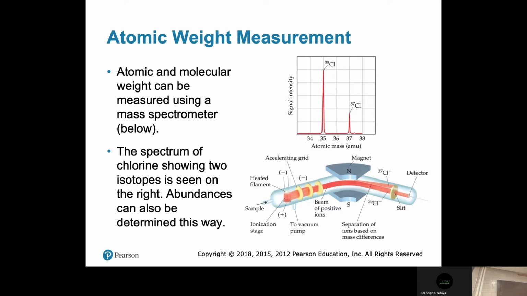Even if you don't see the Cl at all, if you see these two peaks at 35 and 37, and the 35 peak is 2/3 bigger than 37, you always know it's chlorine gas. It's never different. If there were multiple peaks, that would indicate multiple different elements. Exactly, different molecules and so on.